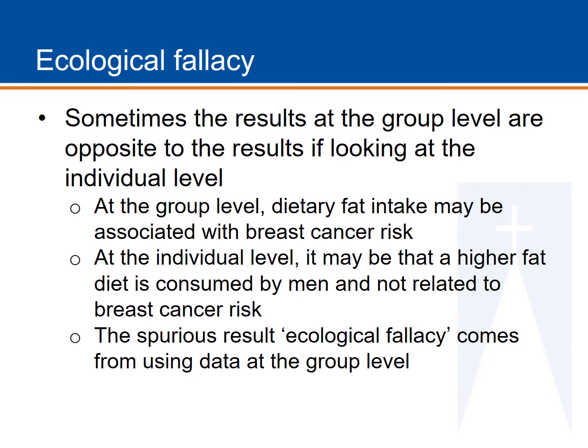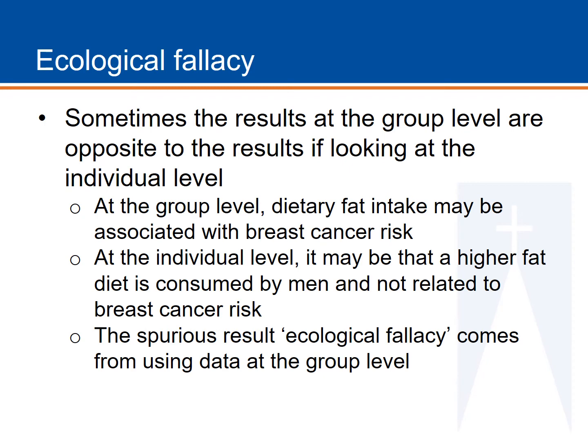So as an example, at the group level, imagine you found that per capita dietary intake is associated with breast cancer risk. But maybe if you look at it more in depth, you might find that at the individual level, it may be that a higher fat diet is being consumed by the men in the population, and it happens maybe not even related to breast cancer risk at all. So maybe the population that is most at risk for breast cancer, of course men can also get breast cancer, but maybe the population that is most at risk for that outcome is not the population that is actually consuming or experiencing that exposure.